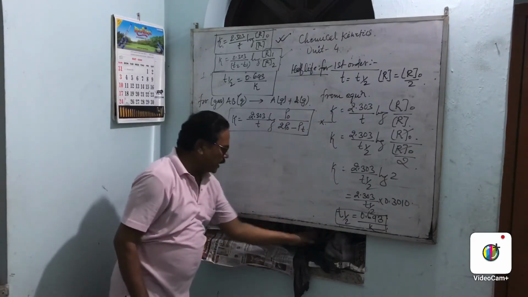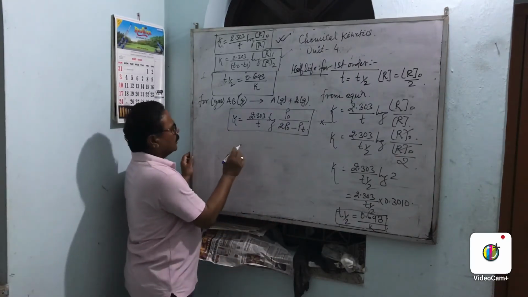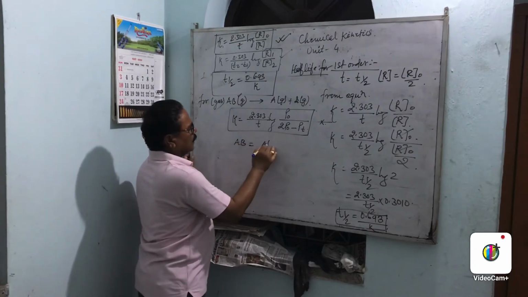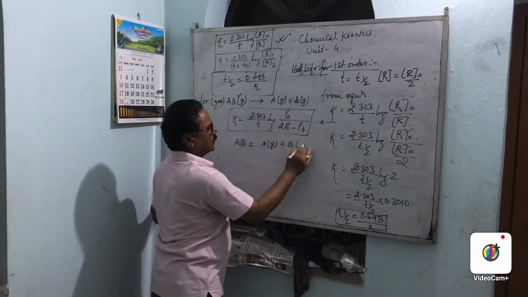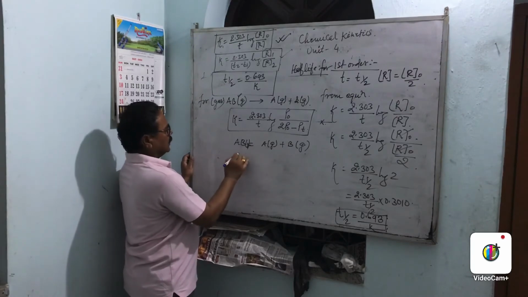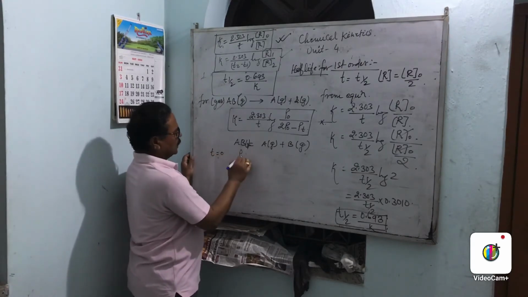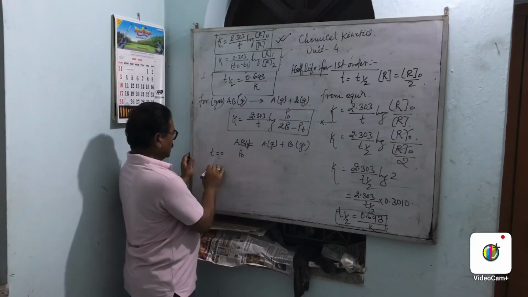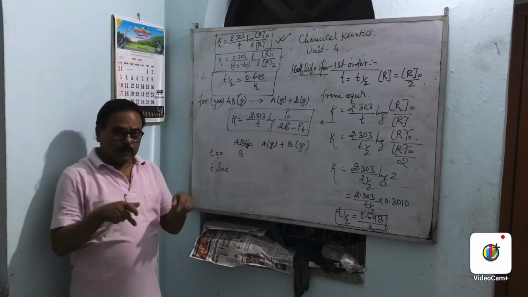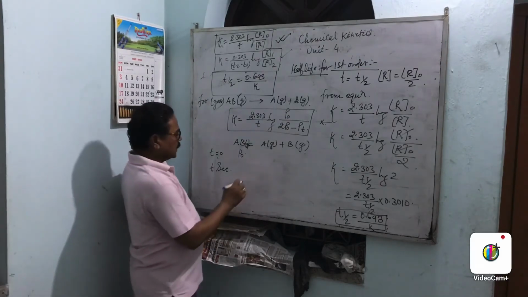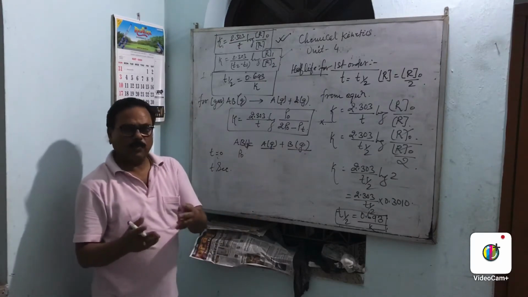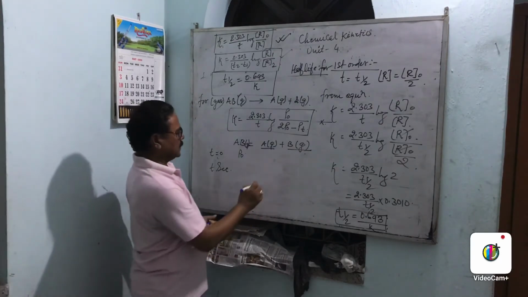Now how it is derived, you see, let A be a gas, and B is also a gas. Now here the initial pressure when T is 0, that is P naught. Now at time T seconds, the AB molecule pressure decreases, and 1 mole of A and 1 mole of B will form, so its pressure will increase.